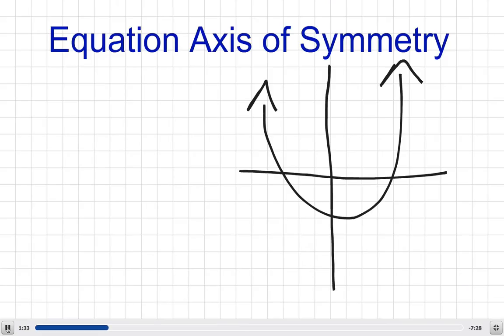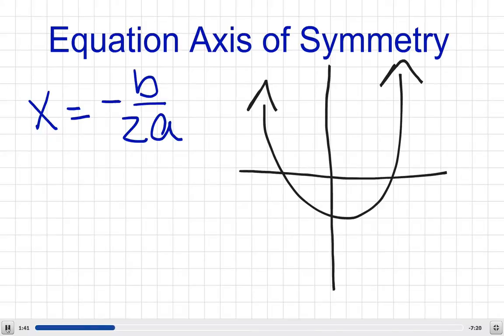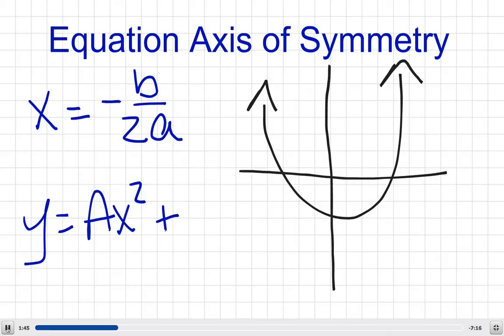The equation to find the axis of symmetry is x is equal to negative b over 2a, when our equation is y is equal to ax squared plus bx plus c.